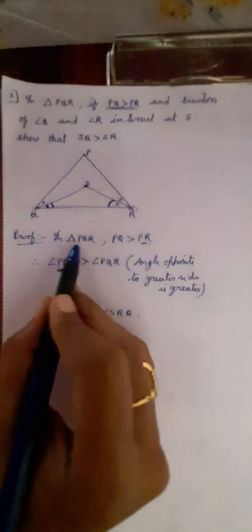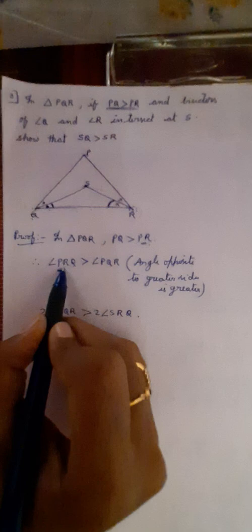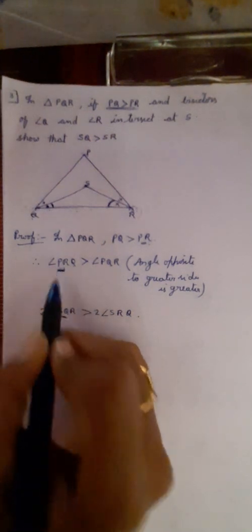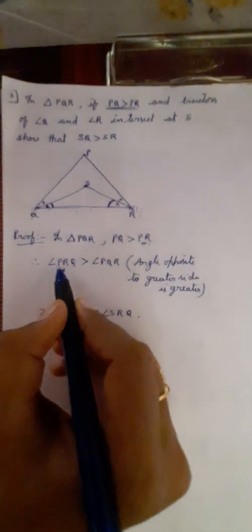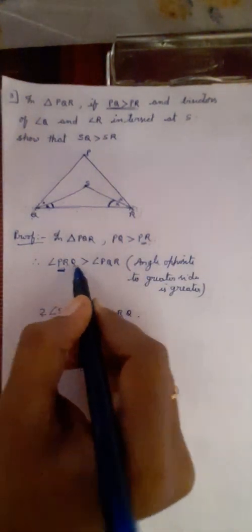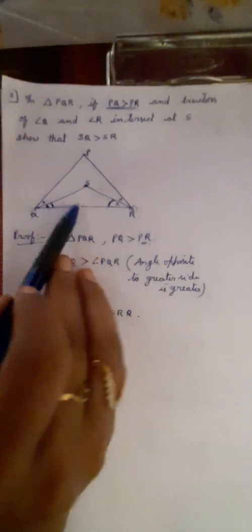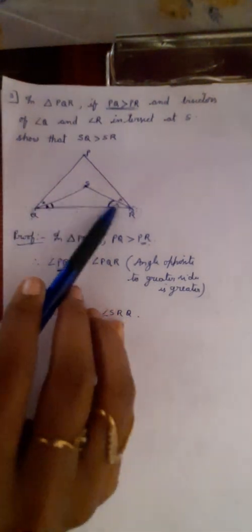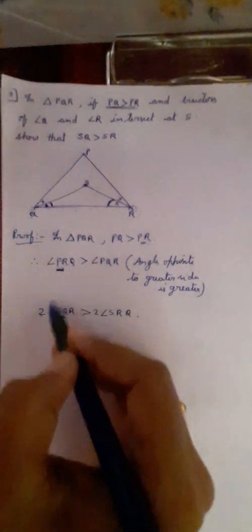I repeat, whatever is written for angle PRQ, the same thing we will write by using bisector angles. Instead of PQR, I will take SQR 2 times, and instead of PRQ, I will write SRQ 2 times. The value will be same.